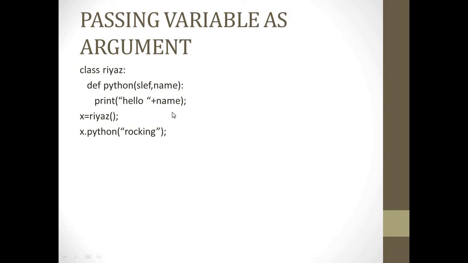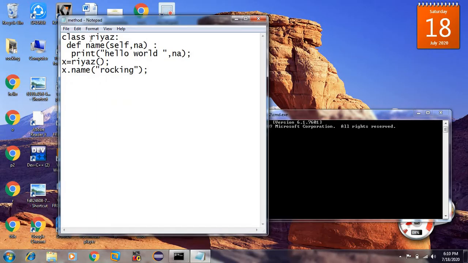So we will see this same example in Notepad. See, same as I have given. I have created a class Rias. I said no need to give parentheses. You have to give them when you are doing the inheritance concept, or else you can mention object, which is also correct.